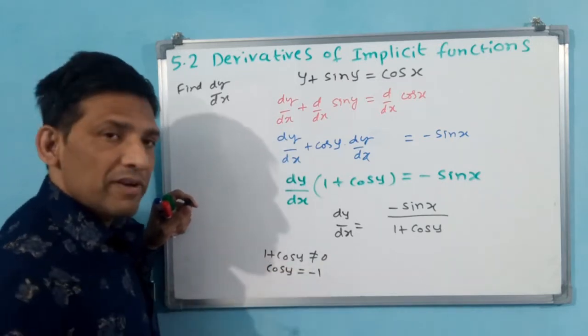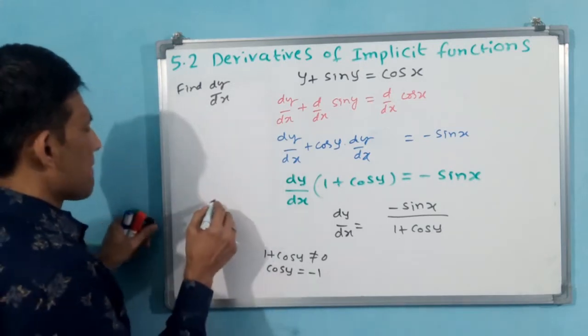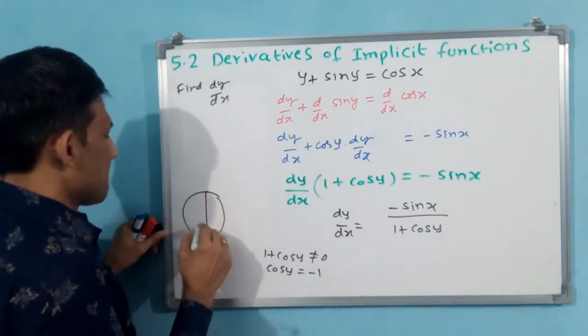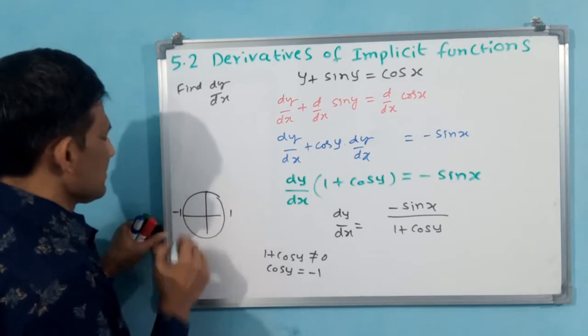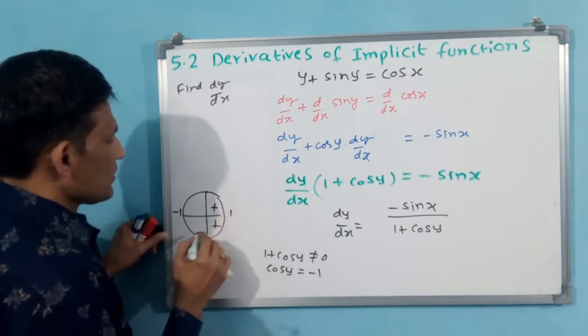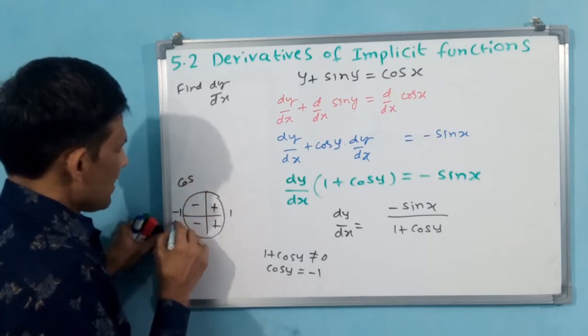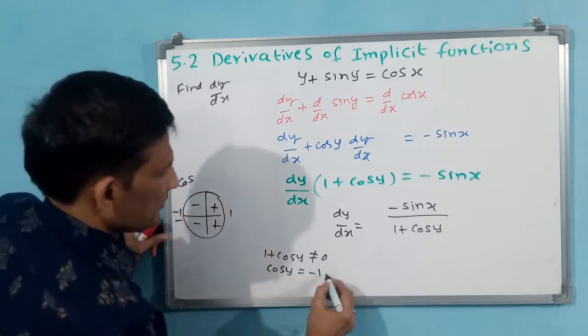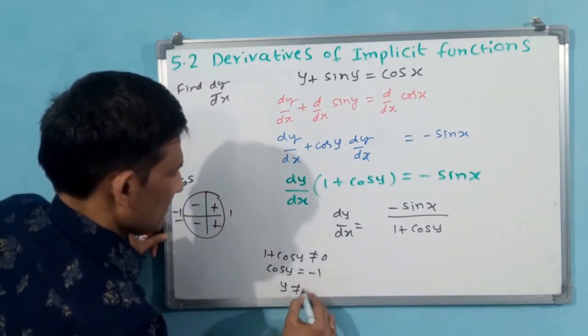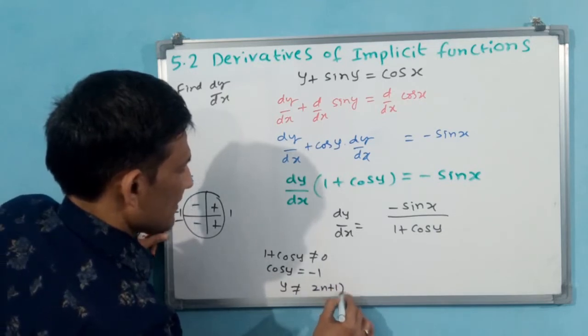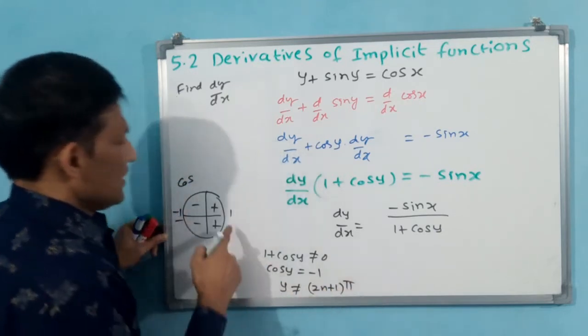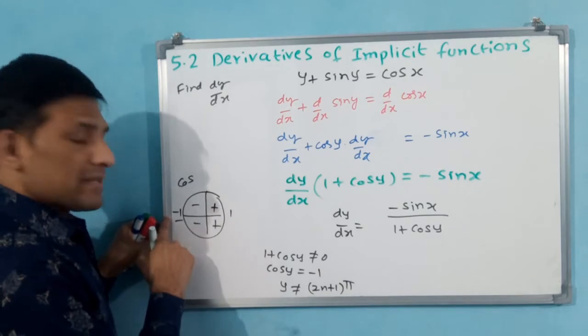Okay. Cos y, where is it going to become minus 1? Here 1, here minus 1. Why? Because for cos, these both are plus, these both are minus. This is 2n pi, this is (2n plus 1) pi.